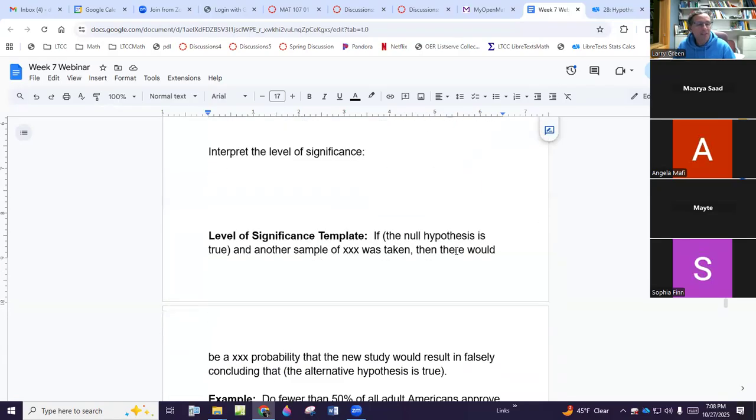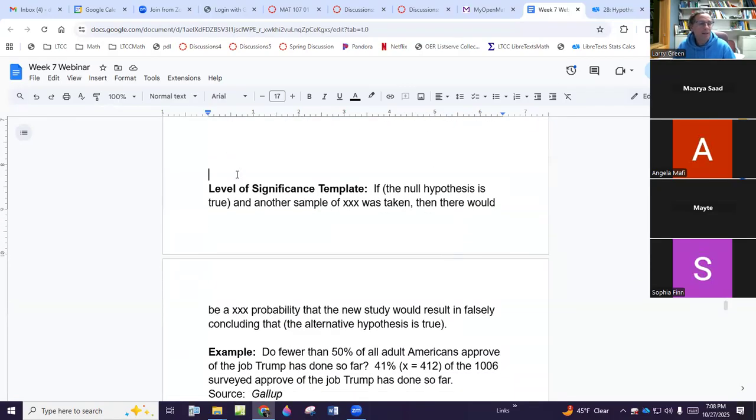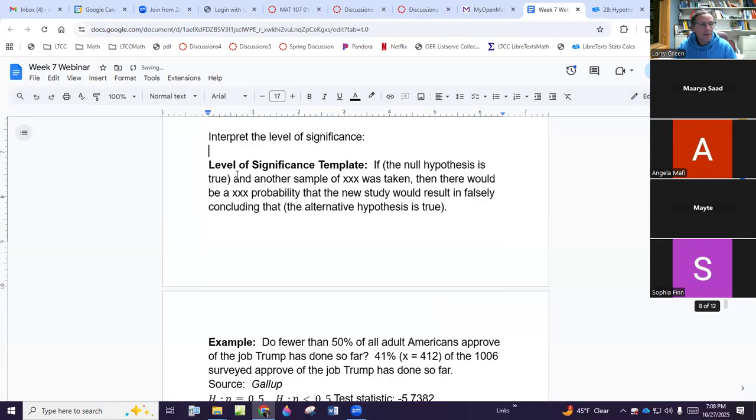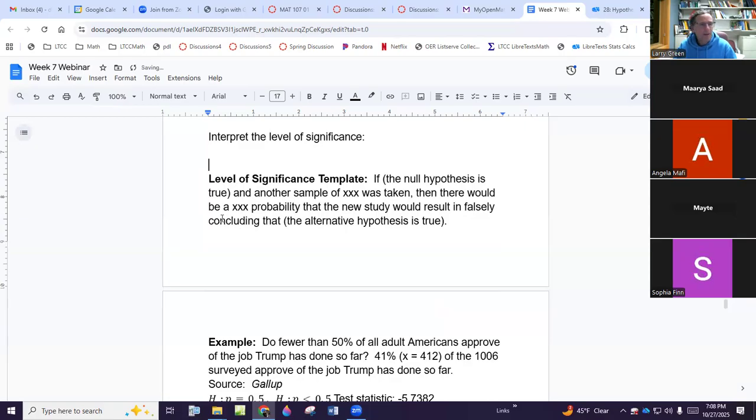Okay, for the level of significance template, it's going to start exactly the same. The null hypothesis is true, but again, if it's in parentheses, that means you need to write it in context of the question. And if another sample of however many we took was taken, then there would be a probability, the level of significance probability, like 5%.